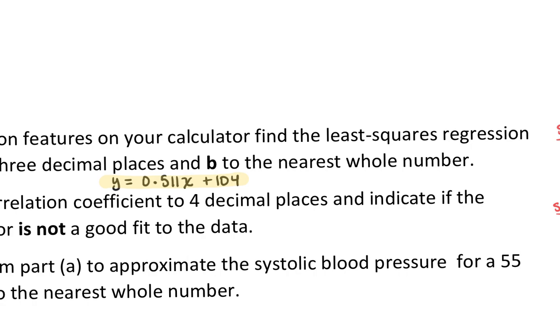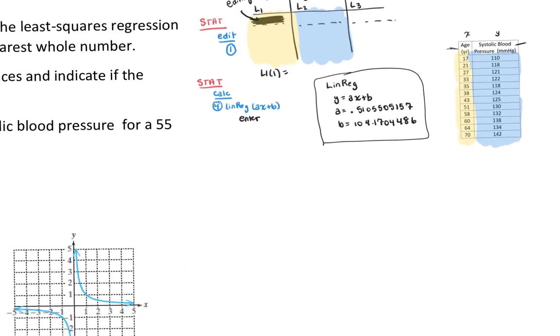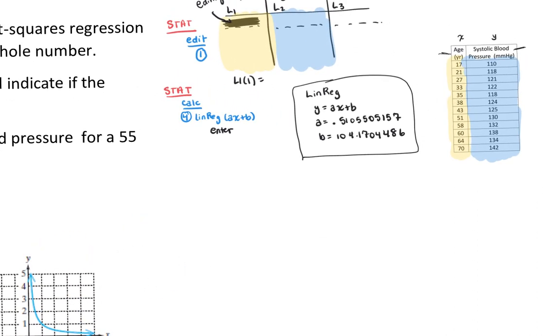All right, now the next one says determine the correlation coefficient. So this is where it gets a little interesting. Some of you all may have r squared, other values under this A and B. If you do not, what you need to do in your calculator is go to the second function.